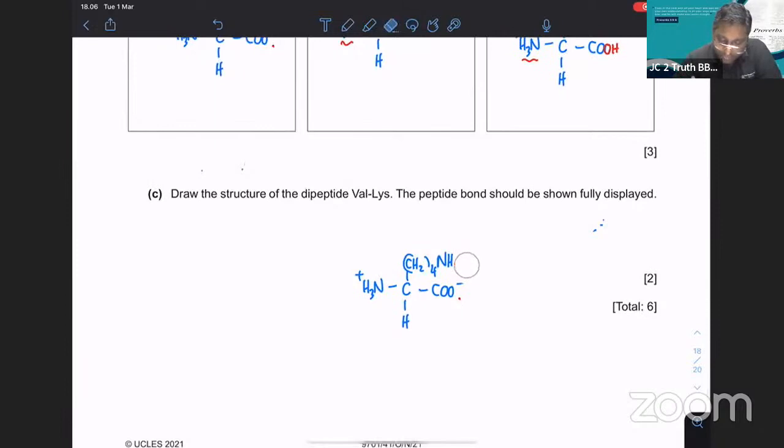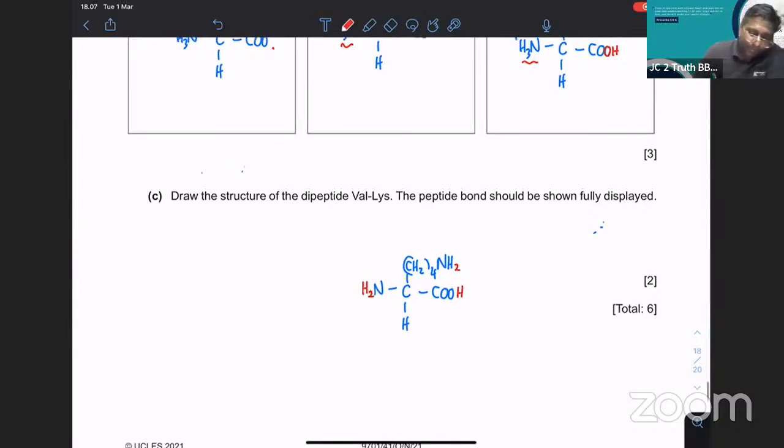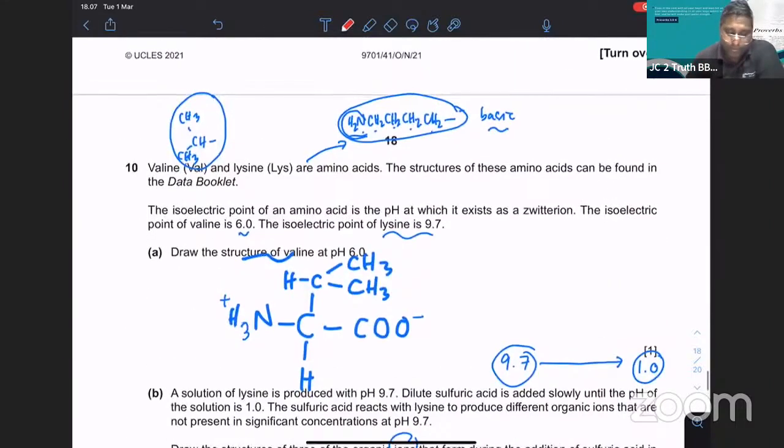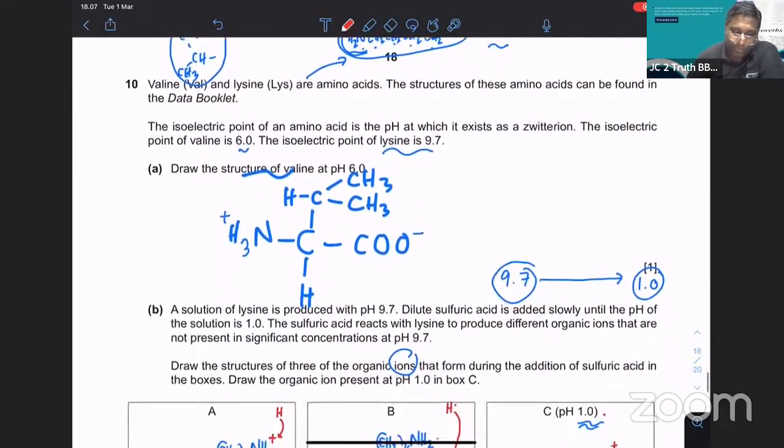So this one is NH2, COOH, and H2. Now this one is going to react with valine. Valine is this one.